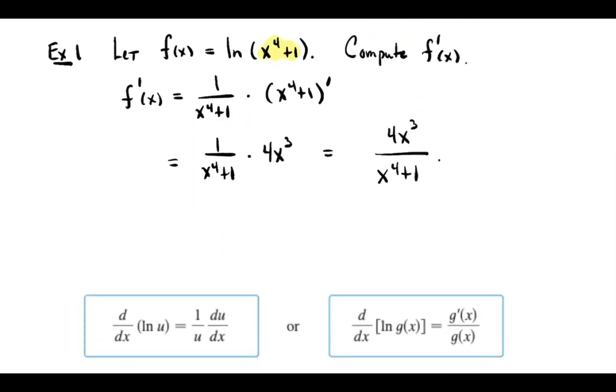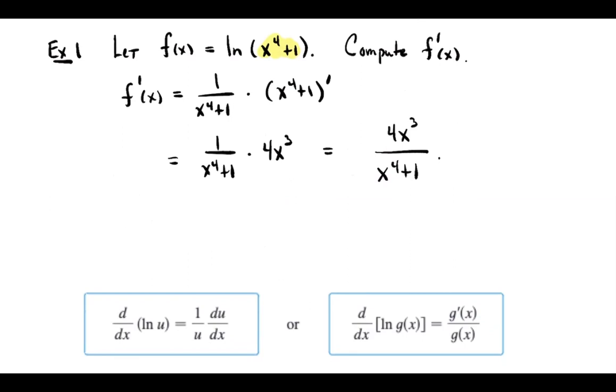The book summarizes that in these two formulas, one written in this variable u and one written in g of x. These two formulas don't say different things, they're just different notations. In both cases, you have an inside function, u in this one, g of x over here. In our example, u or g of x was equal to x to the 4th plus 1.